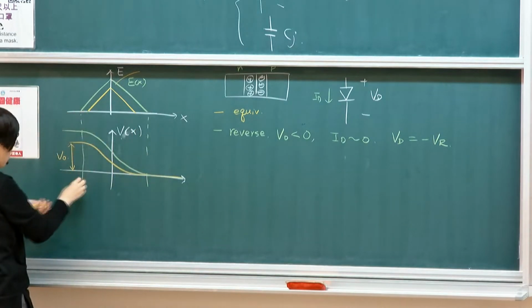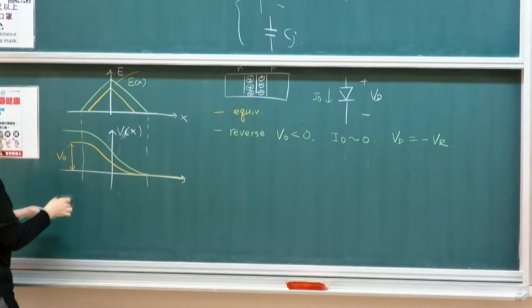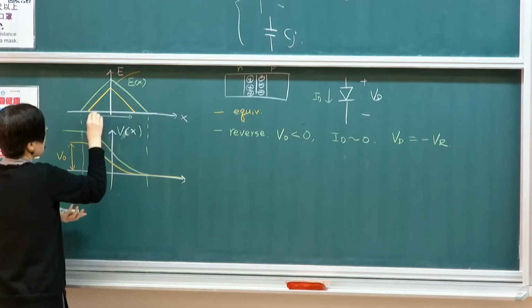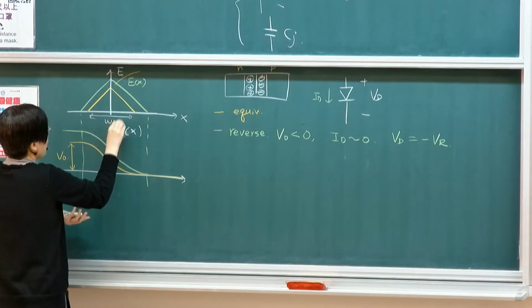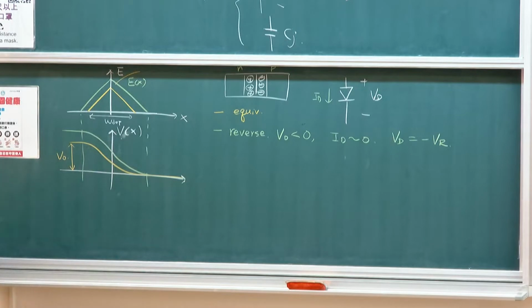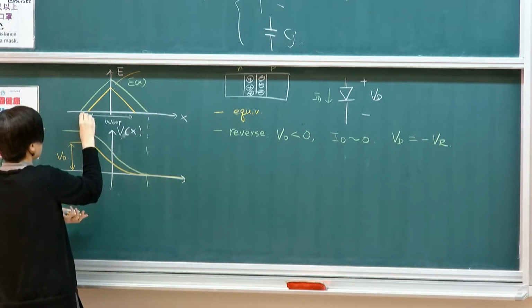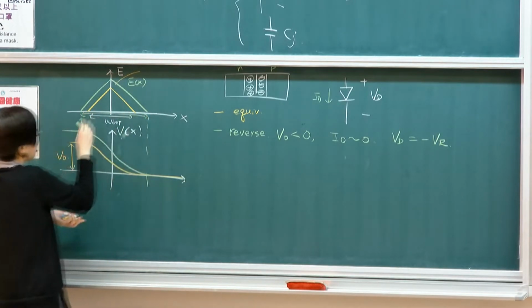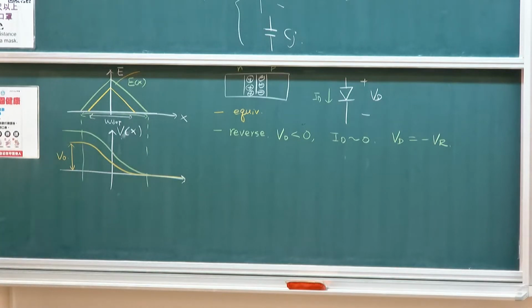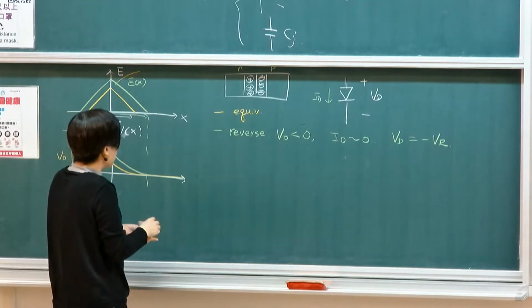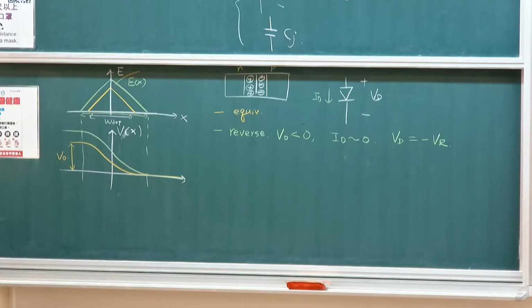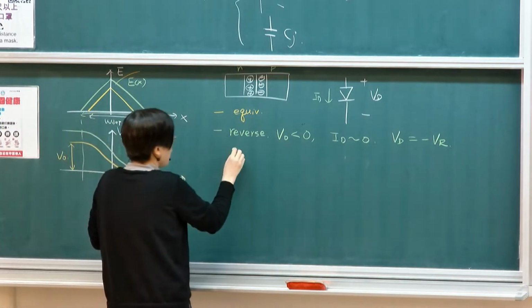This is the depletion width, right? And my depletion width widens as voltage increases. We already said that. So the first observation is that you have widened this depletion region, and then we have VD.